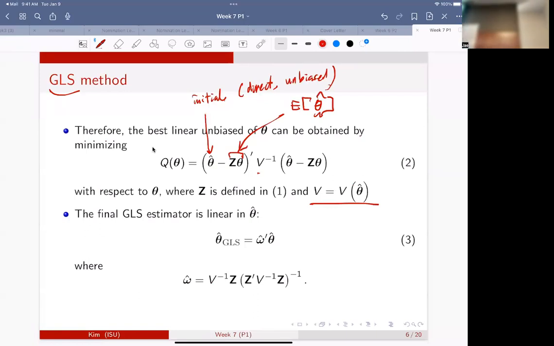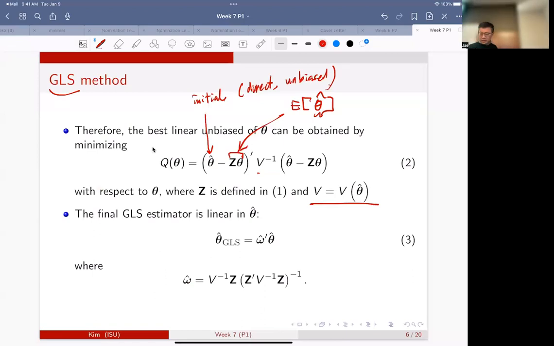That way it gives the optimal estimator: we want to find the estimator that minimizes the variance among the class. We know the solution already. I assume that you know the solution, so I'm not going to prove it again.